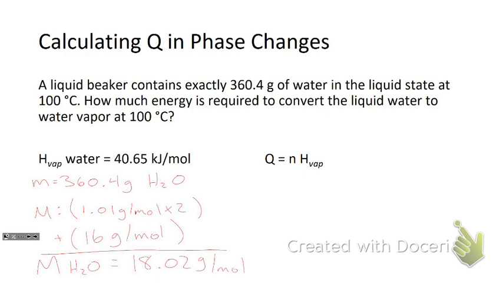Okay, the molar mass of water will always be 18.02 grams per mole. In quizzes and tests, after you have shown me how to calculate the molar mass of water one time, you don't need to do it for every calculation.